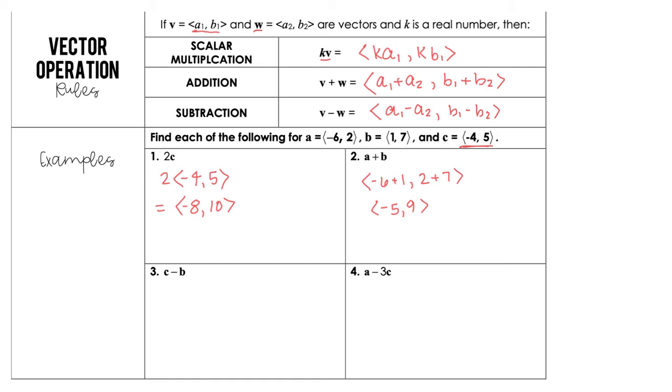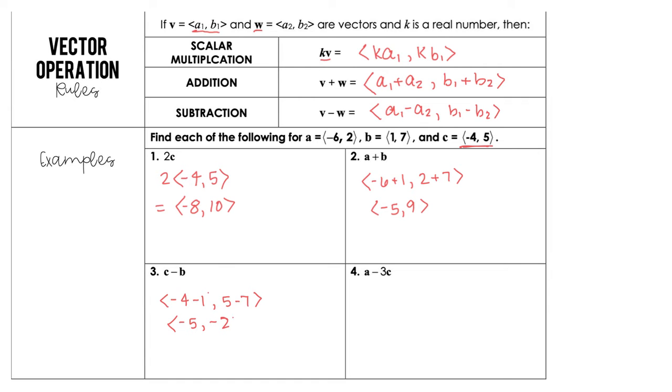And now you're subtracting, so C minus B: negative 4 minus 1, comma, 5 minus 7. And so you're going to have negative 5 and negative 2.